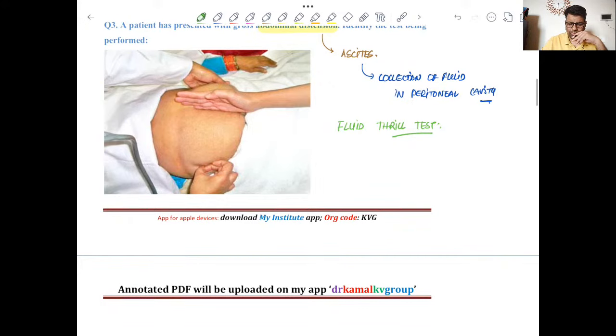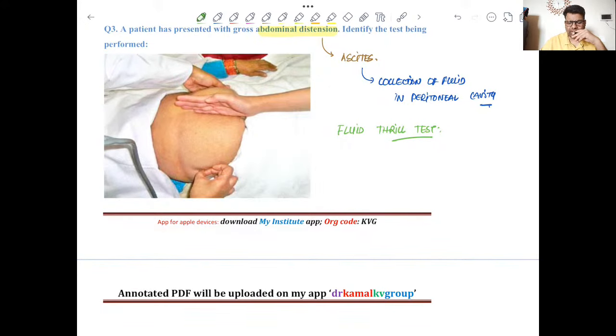So what actually we do when we see a case of ascites, and we want to confirm that yes, it is a collection of fluid, we will put the palm on one side, right? So palm on one side, and we will stroke with a finger from the other side, just like playing carom.